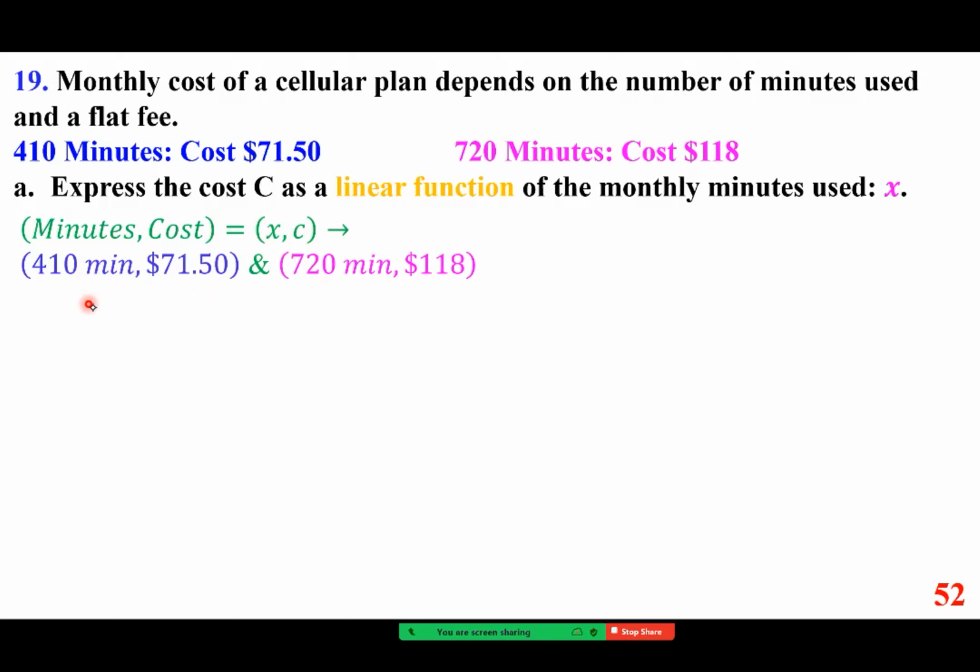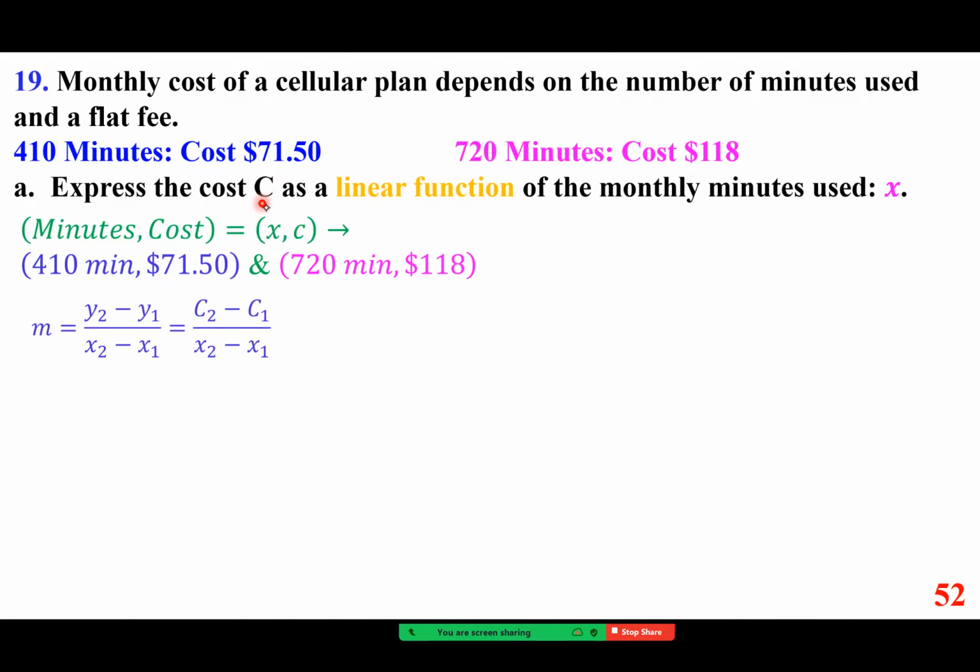So to calculate the slope, m is y sub 2 minus y sub 1 over x sub 2 minus x sub 1. But in this case, we're going to say c sub 2 minus c sub 1 over x sub 2 minus x sub 1 because we are using c instead of y. In fact, you can keep it as y and at the end change it to c.